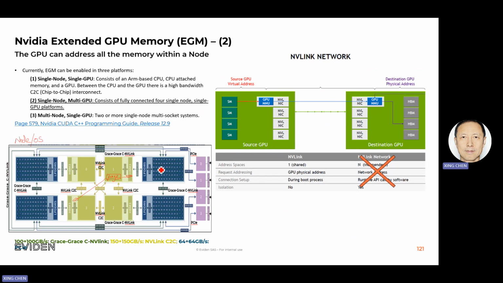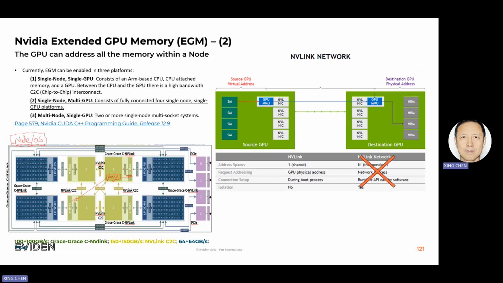These 4 superchips belong to this single node managed by this operating system. So it's natural for this GPU to access the other superchips' physical memory, because the memory has been unified and it can be addressed globally by each CPU and GPU.